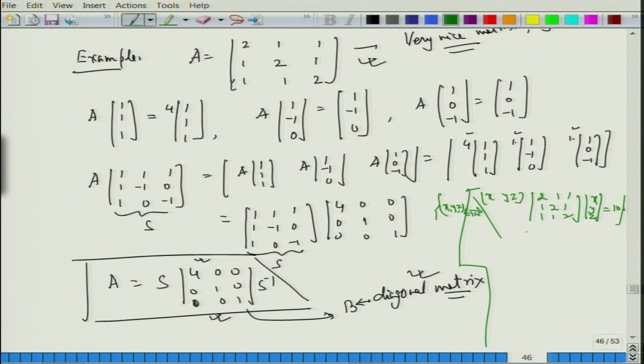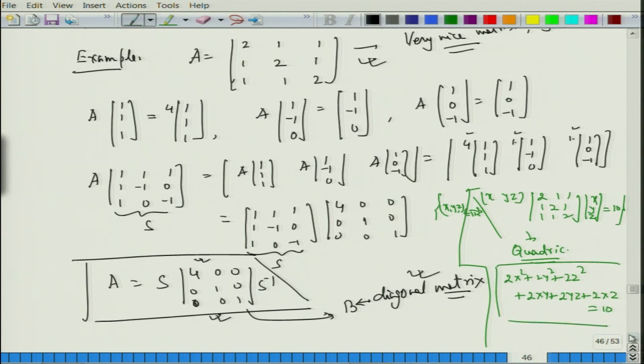So you can see that this will give me some sort of quadric. For example, it will give me 2x squared plus 2y squared plus 2z squared plus 2xy plus 2yz plus 2xz is equal to 10. So 2 can cancel out and then I can proceed. What does this represent?